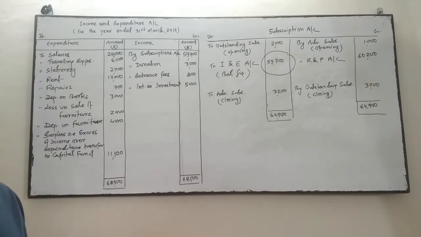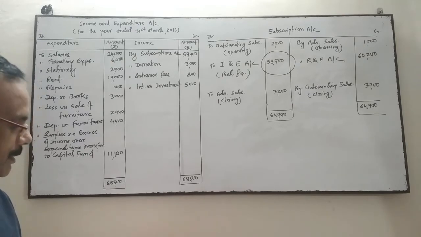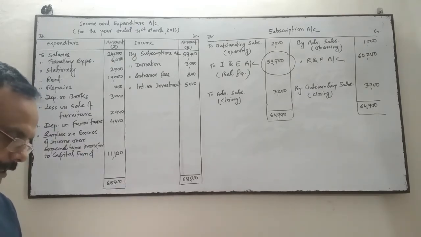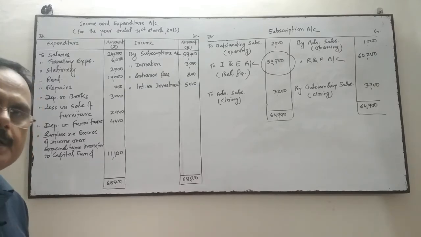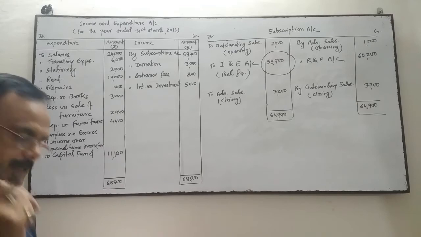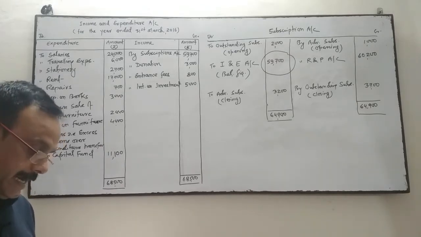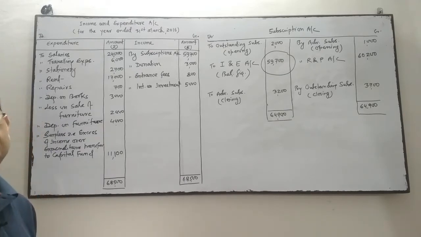Now next we will prepare the balance sheet. Preparing the balance sheet, the information about capital fund: opening capital fund is not given in this question directly, but of course, assets and liabilities of the previous year are given.